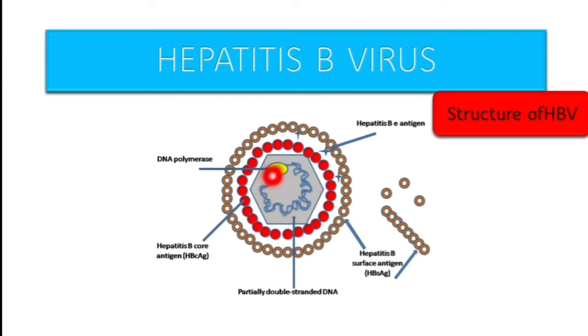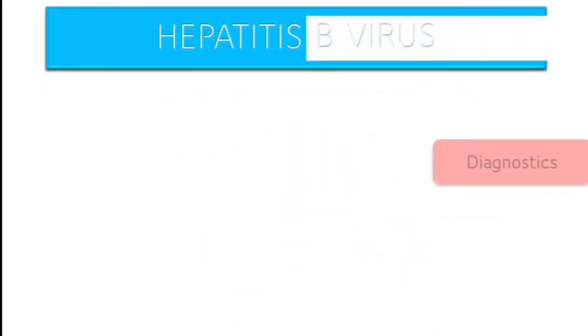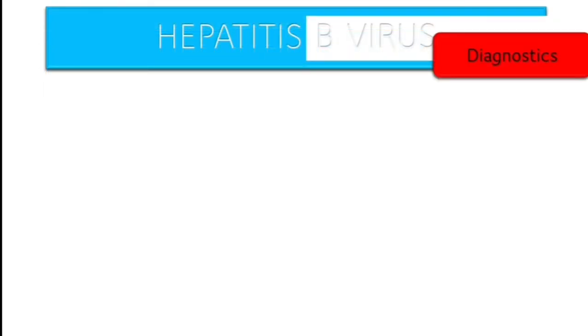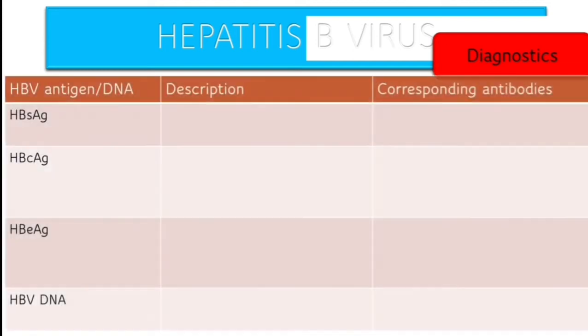So we are going to see more of these in our next slide, where we talk about the diagnostically important antigens and antibodies of HBV, right? So the first one, as I said, is the hepatitis B surface antigen.